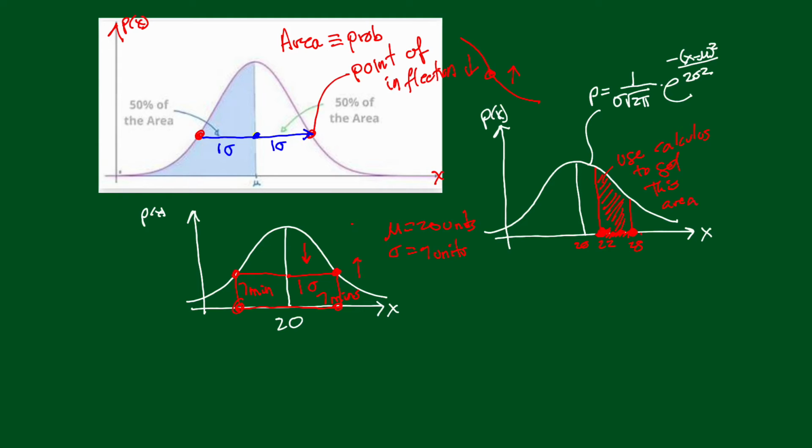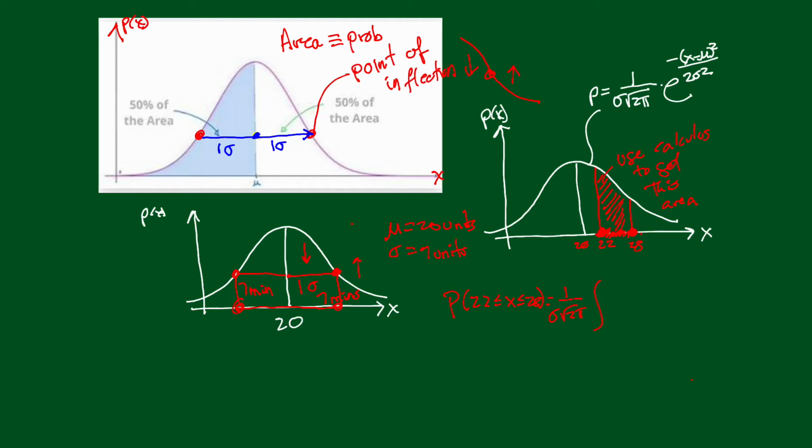Well, I don't need to use calculus because somebody has done it all for us and put it in tables and built it into our calculator. But if I wanted to do that, here's what it would look like. The probability that 22 is less than or equal to x less than or equal to 28 would look like this. Here's the computation you would need. Just for fun, it is 1 over sigma square root of 2 pi, and this is called an integral sign.